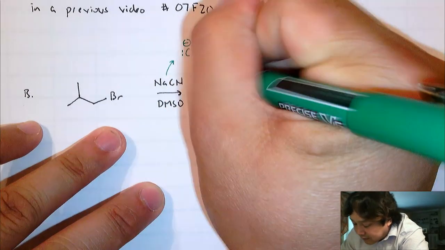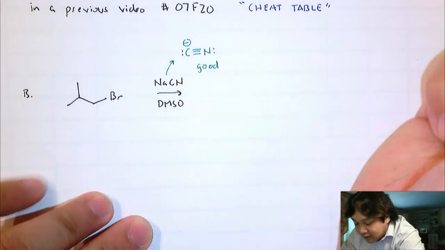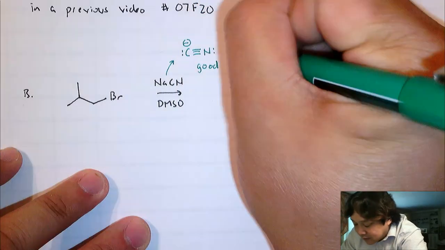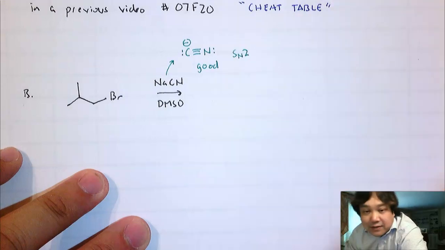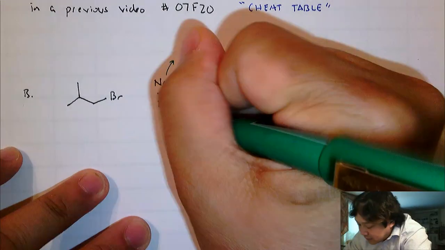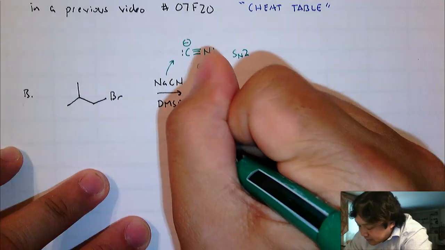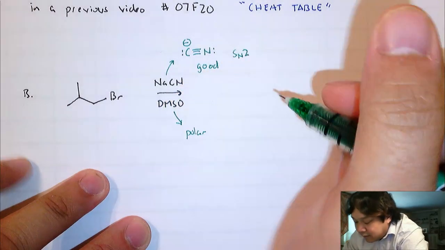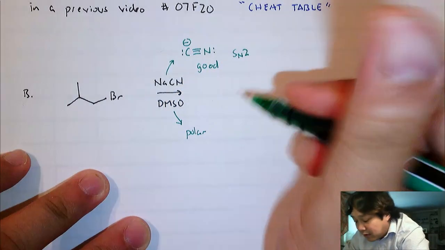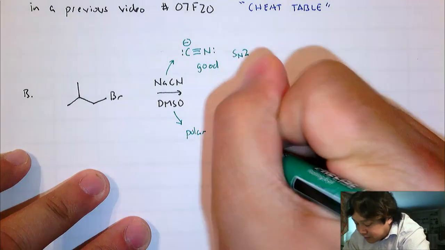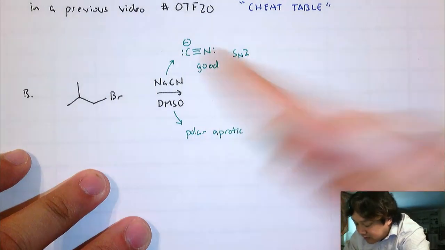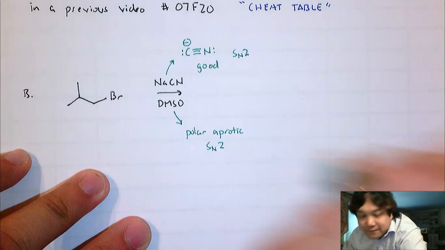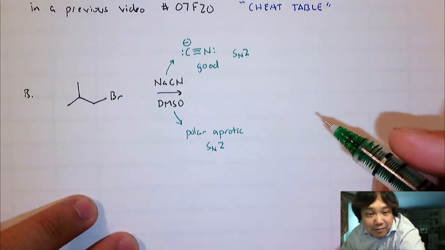It's a good nucleophile. It's anionic. That suggests that we're likely to do SN2. Take a look at the solvent. This is polar. And from a previous video, we listed all the polar aprotic solvents that you want to know. SN2. So far, everyone's in agreement.